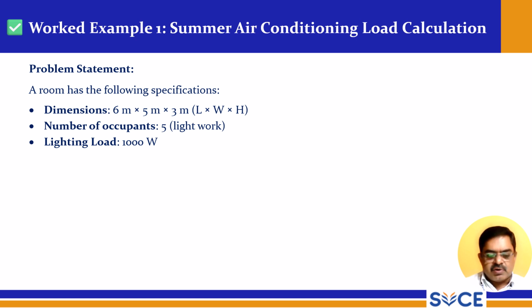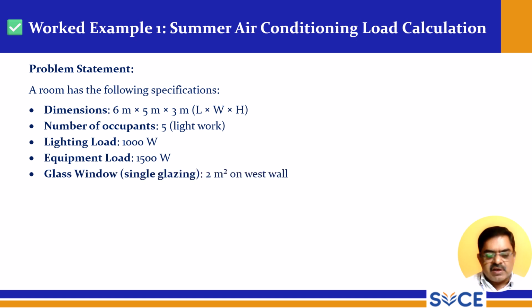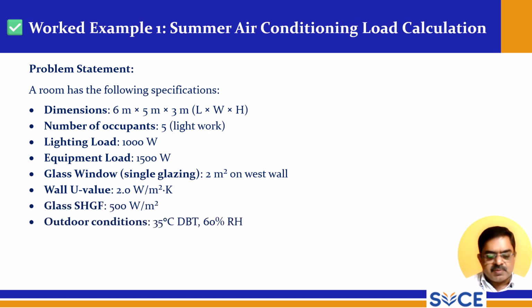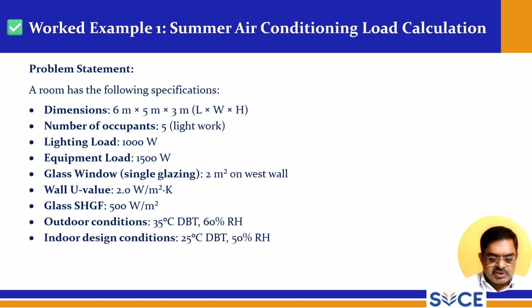Lighting load is 100 watt, equipment load is 1500 watt, glass window size is 2 meter square on the west wall. Wall U value is 2.0 watt per meter square Kelvin, and glass SHGF equal to 500 watts per meter square. Outdoor conditions are 35 degrees Celsius DBT and 60 percent RH.